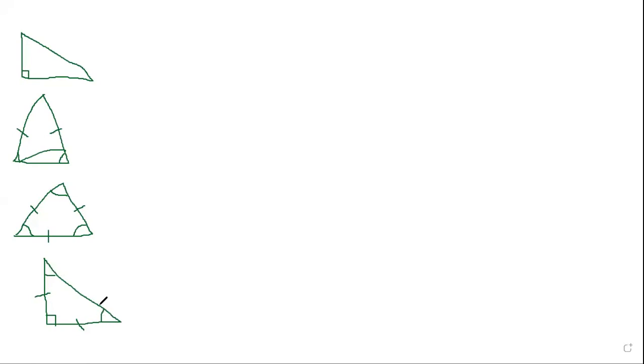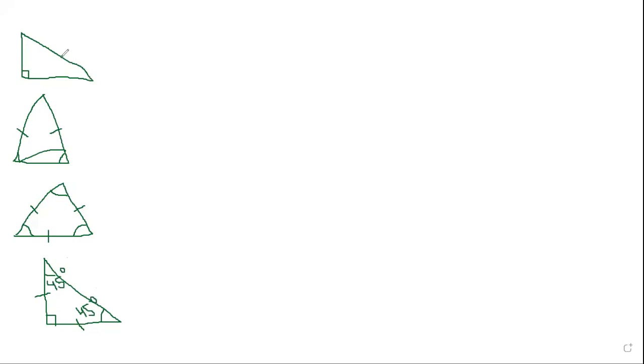If they are equal, so each angle will measure how much in a right isosceles triangle? 45 degrees. Don't forget it, we should memorize it. Each angle is equal to 45 degrees. This is 90, this is 45, and this is 45 degrees.